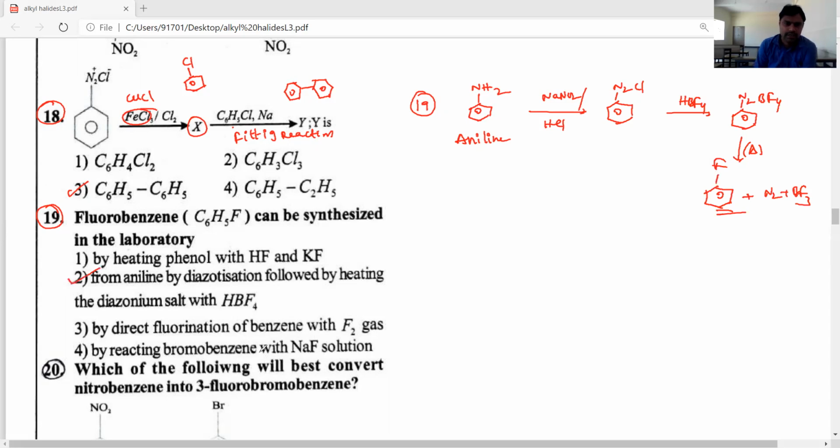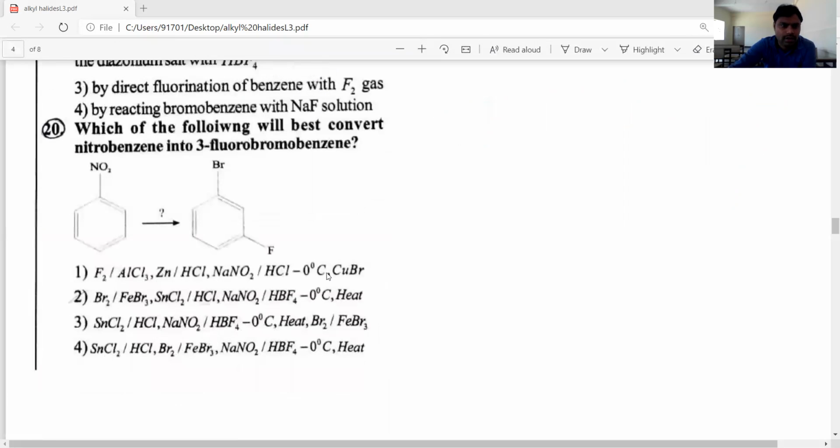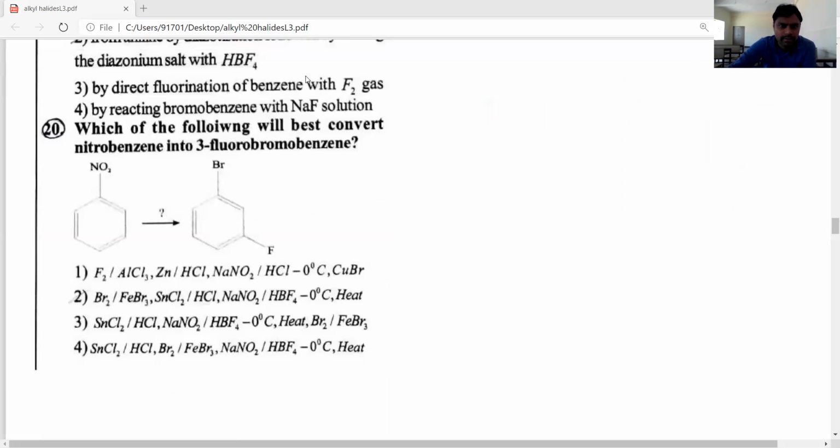The second option is correct. Okay, let's go for the 20th question. See, this conversion is very, very important. How can we synthesize 1-bromo-3-fluorobenzene from nitrobenzene? First, this NO2 we have to convert into fluorine.